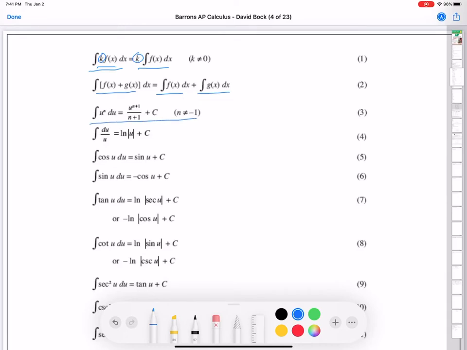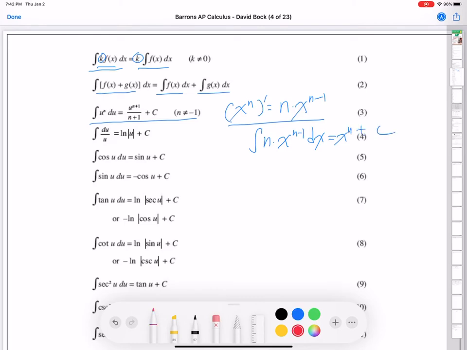First, we're going to do the power rule. What was x to the nth power's derivative? The formula was n times x to the n minus 1. Okay? The backwards of this formula is the integral formula, right? So integral of n times x to the n minus 1 dx should be x to the nth power plus c.